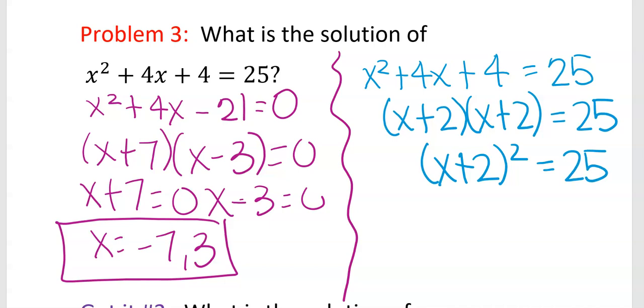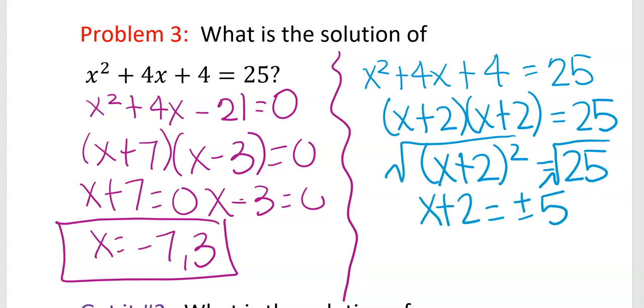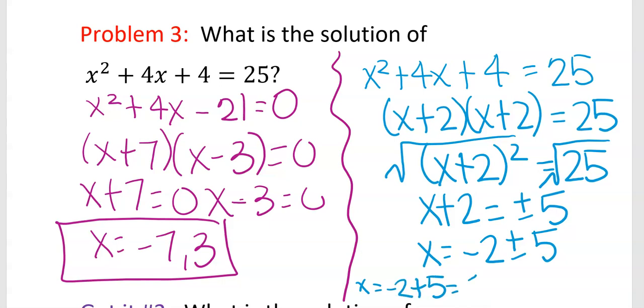And then they're looking at it going, why don't we square root both sides to get rid of the squared? So we get plus or minus 5, because the square root of 25 is 5. And then I'm going to subtract 2. So we get negative 2 plus or minus 5, which looks funny, but you're going to have two different answers. One of them is going to be negative 2 plus 5, which is 3.